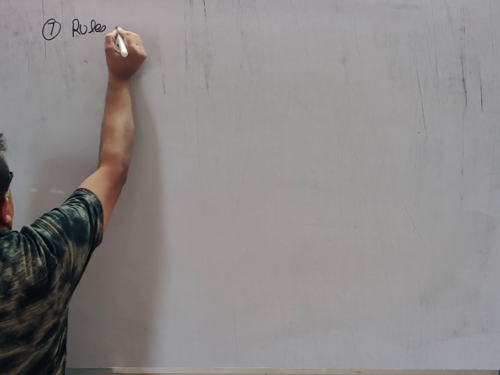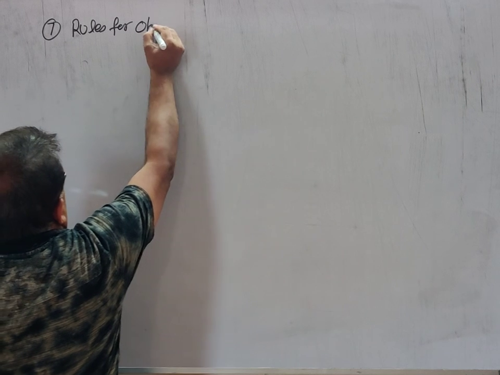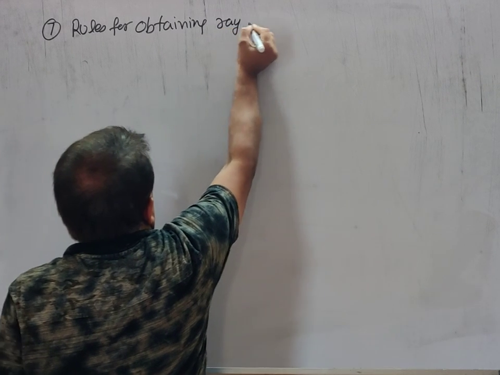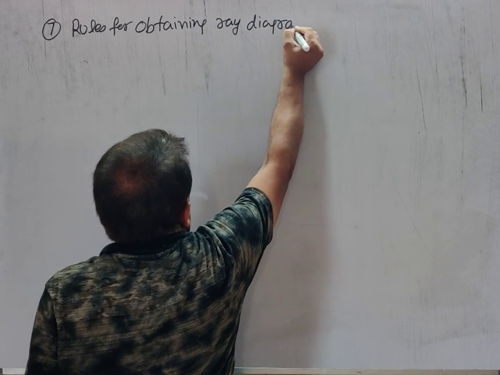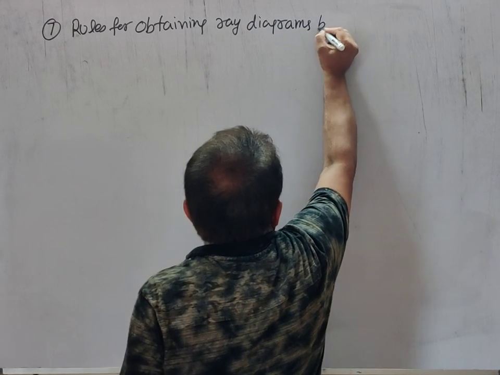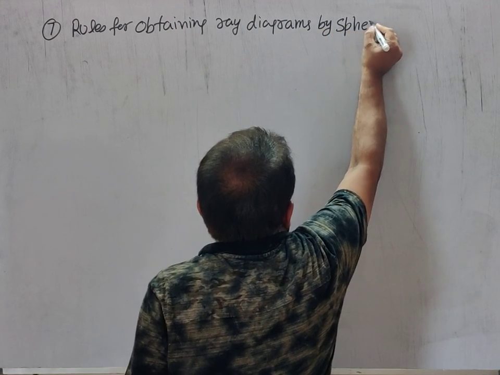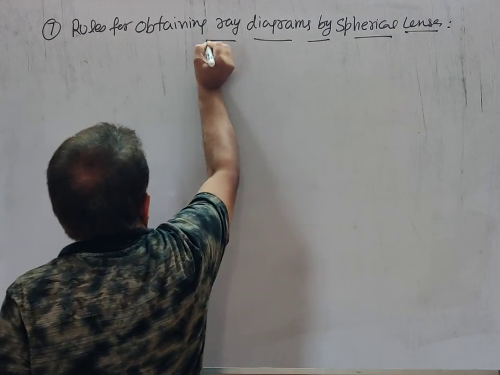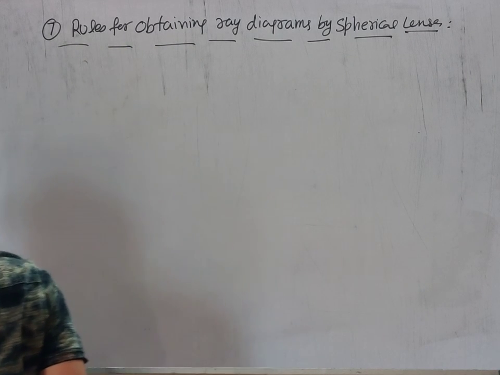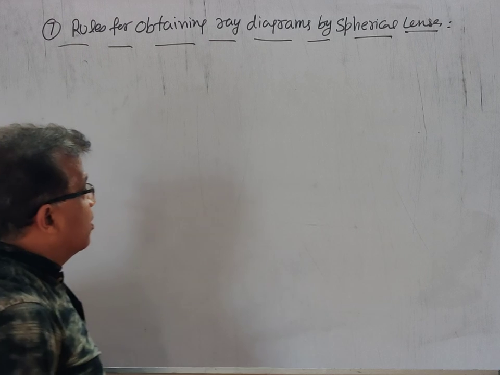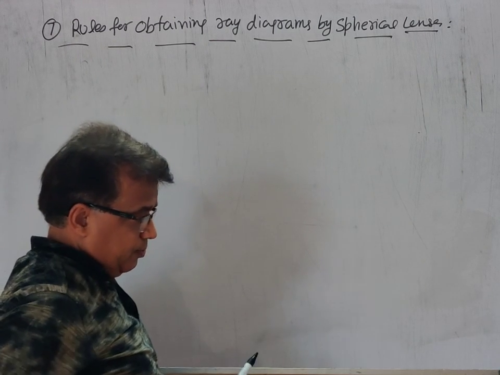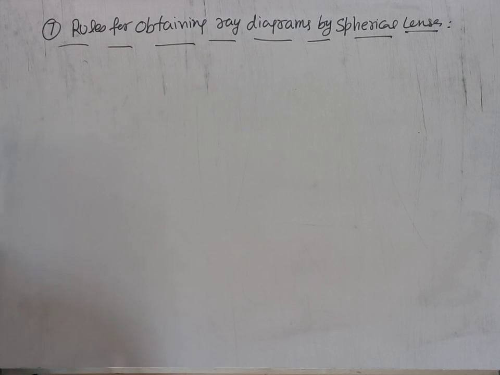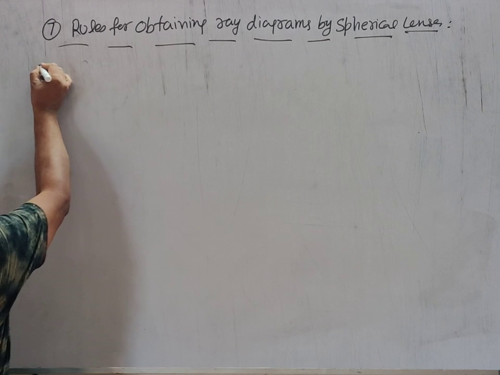Rules for obtaining ray diagrams by spherical lenses. There are three rules and they are approximately similar as in case of mirror. I am telling you the difference. There are three rules.